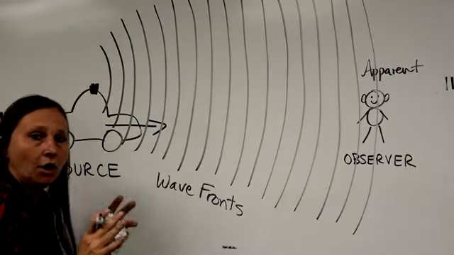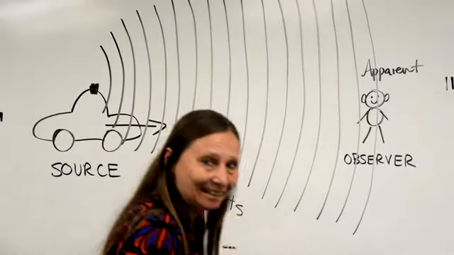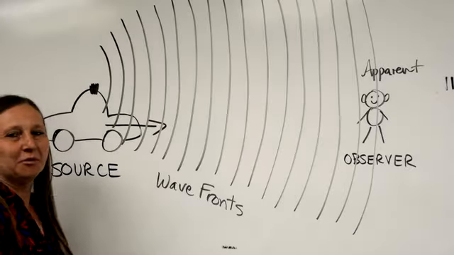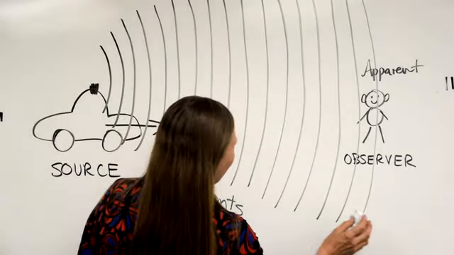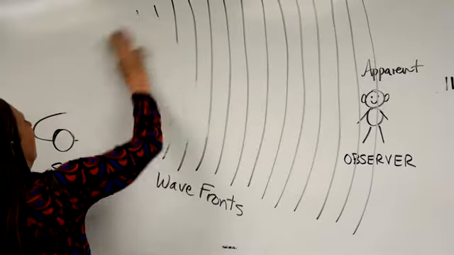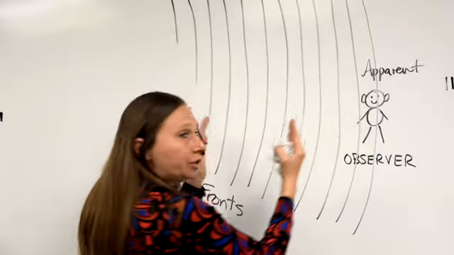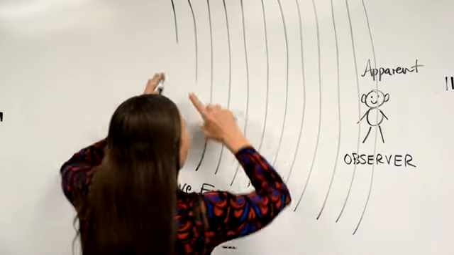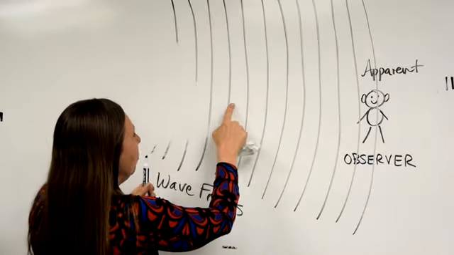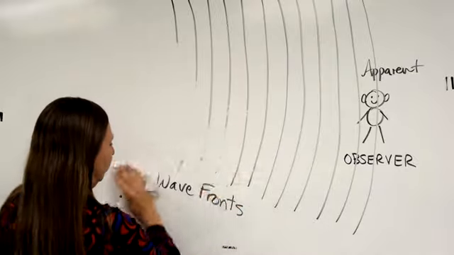It's still giving off whoo, but this person is hearing hee. I don't have a better way to do this. Now remember, when they're getting closer together, the sound waves get scrunched up, and the wavelength is shorter, so this is a higher frequency.